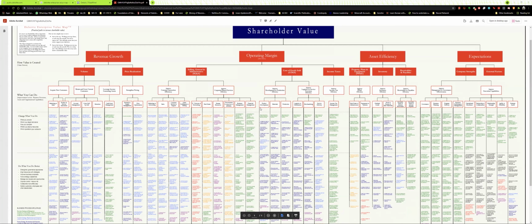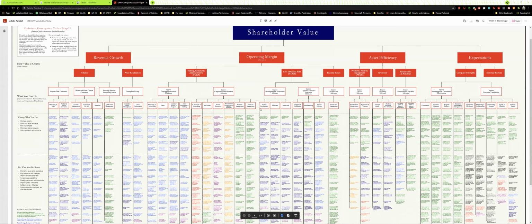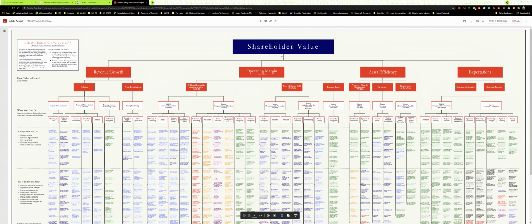So there are a lot of things that you can do in an organization to improve the shareholder value, which is the main objective of for-profit companies. When they're looking at shareholder value, they could be looking at revenue growth, improving the margin, which involves the costing, asset efficiency, making sure that their assets are effectively helping them generate revenue, and also some expectations, if we're looking at external factors and internal factors.